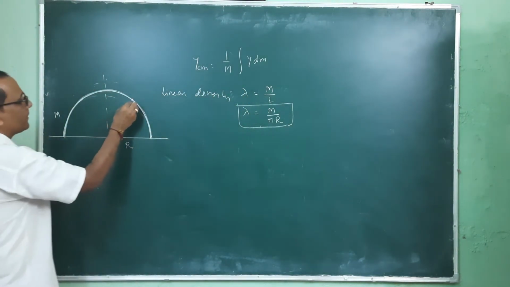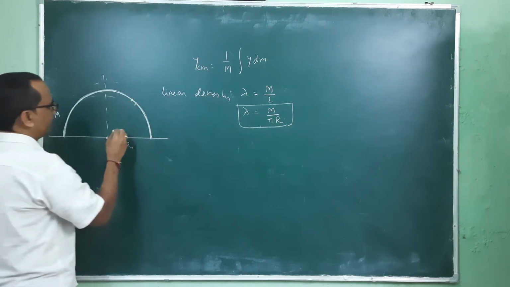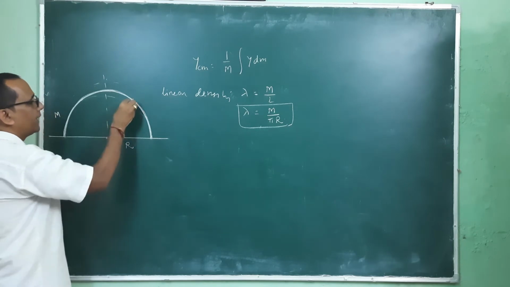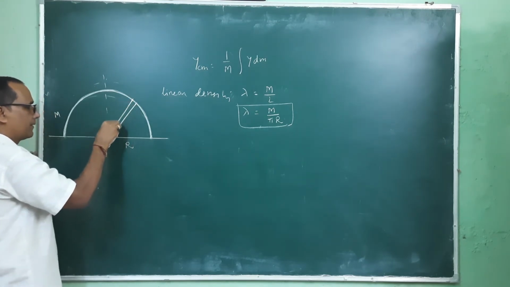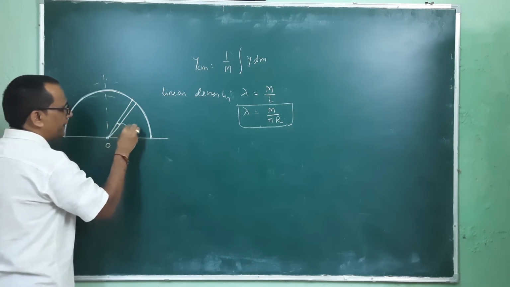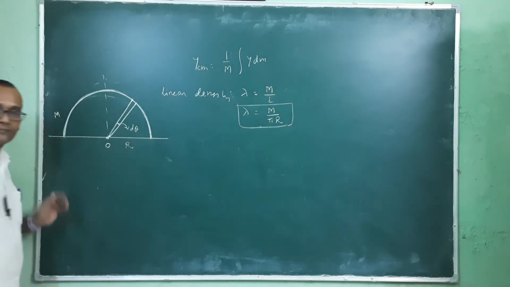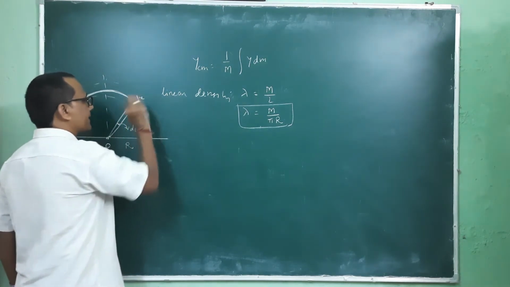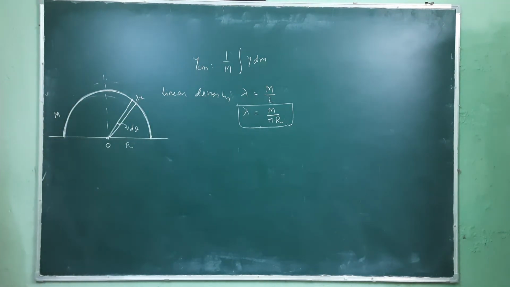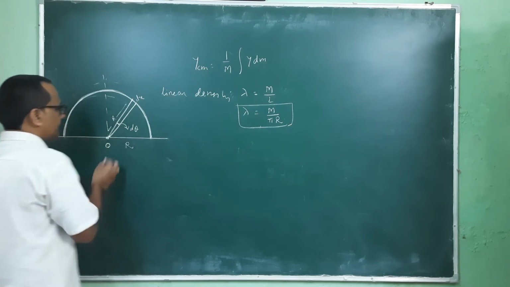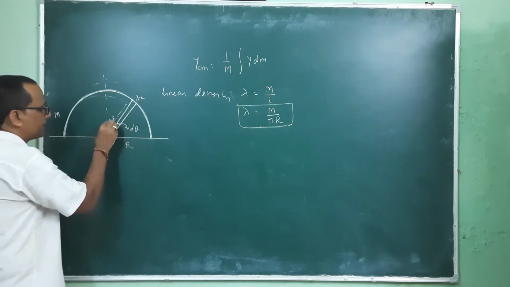Now this is a small segment, and it subtends an angle. I am taking an angular distribution, and this angle is, let's say, d theta. This small segment is dx. So this is dx and this is d theta, and this radius is r, and this angle is, let's say, theta.